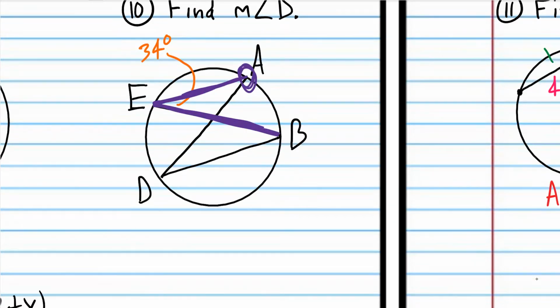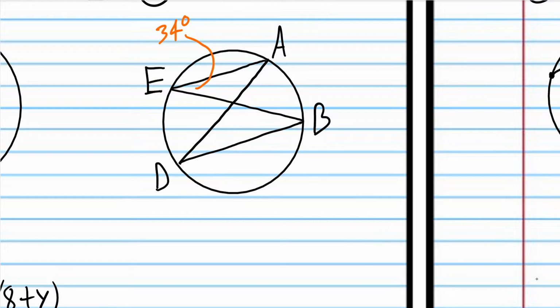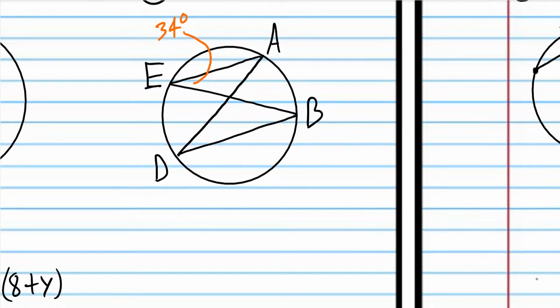You can prove that using the inscribed angle theorem, because some students may not be comfortable with that logic. If this angle here is 34 degrees, then by the inscribed angle theorem, this arc must be 2 times that, so that would be 68.